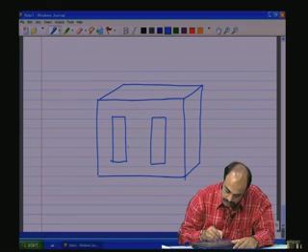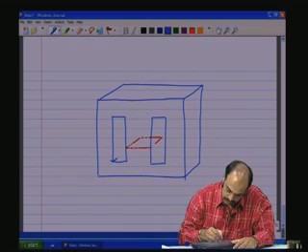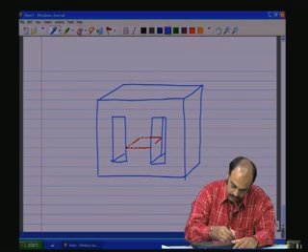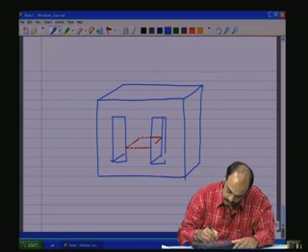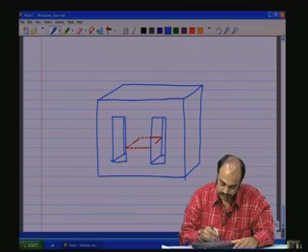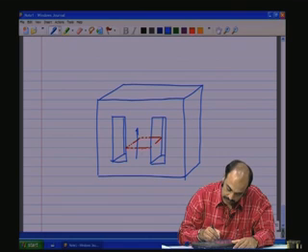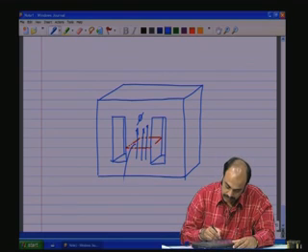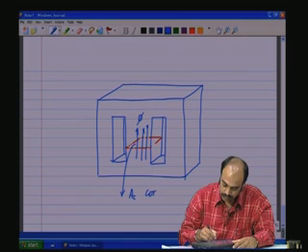Now, this core cross section area, let me show it in this different color, in this 3D image here, like that, through which the flux is flowing, the perpendicular cross section area, that is the AC or the core cross section area.